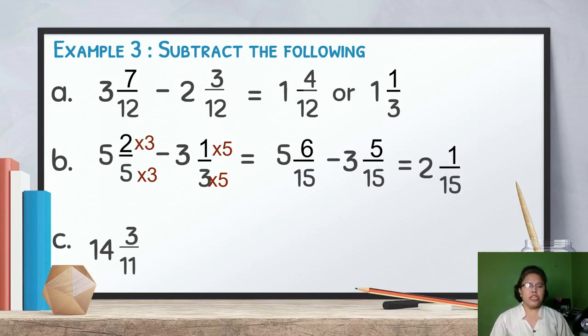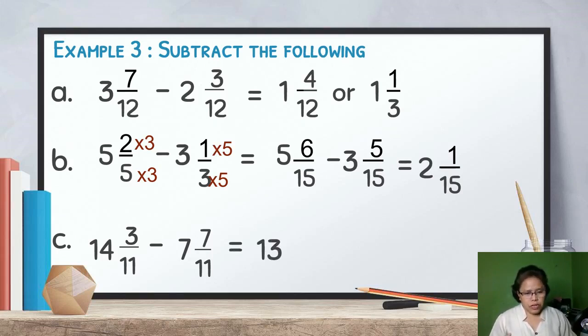Right? Letter C. We have 14 and 3/11 minus 7 and 7/11. Right, now, sabi, we start with the whole number and then the fraction, di ba? So, check natin. 14 minus 7, supposed to be ang sagot is 7, di ba? Kaya lang, 3 minus 7, hindi po pwede. Dahil mas maliit ang 3 kaysa sa 7. Now, since may kasama naman siyang 14, manghihiram tayo na ngayon ng isa galing sa 14. So, yung 14 gagawin natin 13, right?